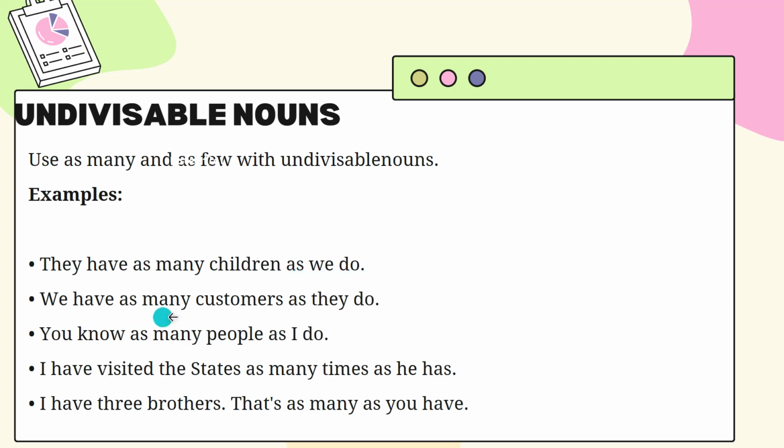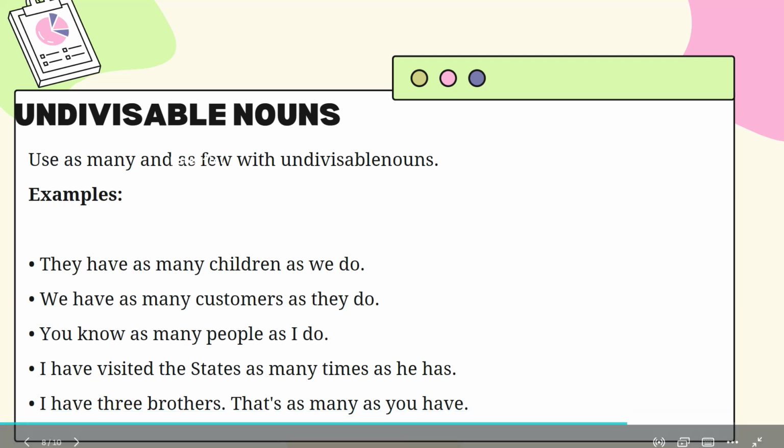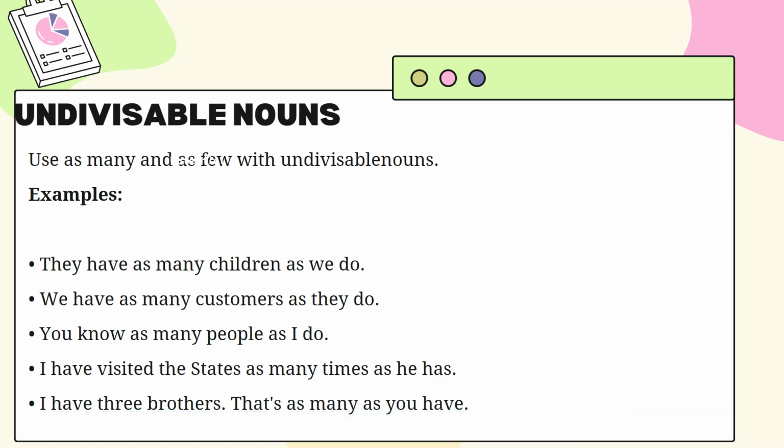We have as many customers as they do. You know as many people as I do. I have visited the States as many times as he has. I have 3 brothers. That's as many as you have. And here brothers is understood. Okay?